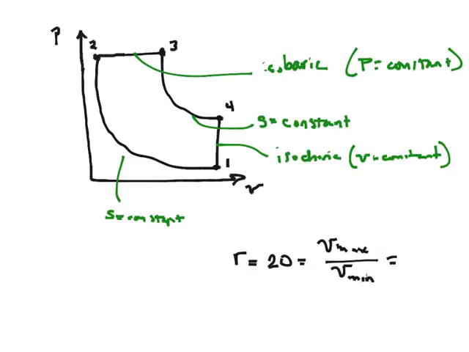And so we see that Vmax occurs at 1, it occurs at V1 and V4, which are the same, and Vmin occurs at V2. So I'm going to rewrite my compression ratio as V1 over V2, knowing that I could also write this as V4 over V2. Okay, so now I've interpreted a little bit more of my problem.